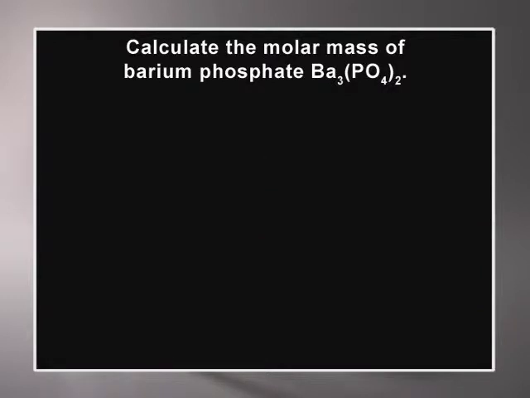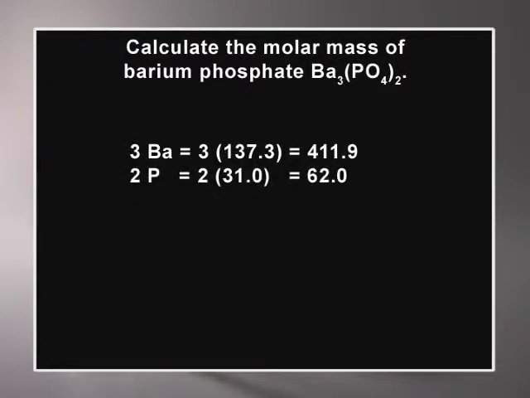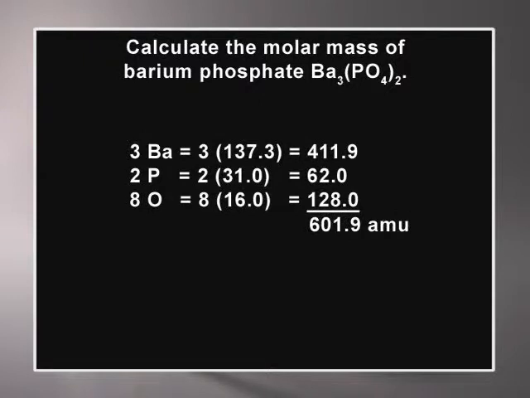One formula unit of barium phosphate contains 3 atoms of barium at 137.3 AMUs each, which is 411.9 AMUs, 2 atoms of phosphorus at 31.0 AMUs apiece for another 62.0 AMUs, and 8 atoms of oxygen at 16.0 AMUs, which is 128.0 AMUs, for a total formula weight of 601.9 AMUs.